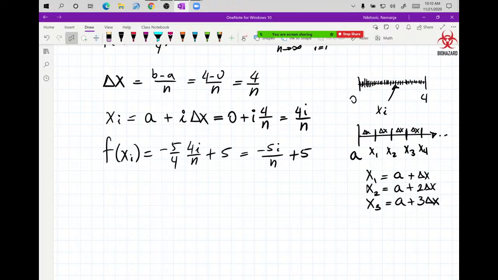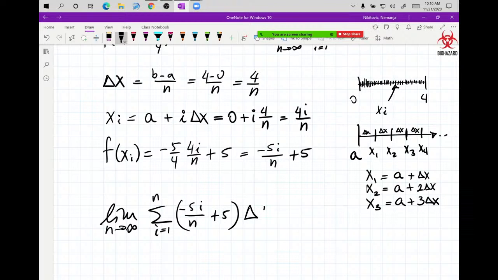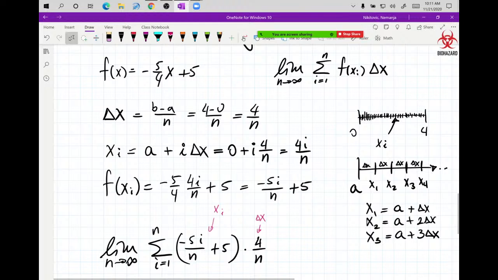All right, we are ready. Limit n goes to infinity, summation i goes from 1 to n of negative 5i over n plus 5, everything times delta x, and delta x is 4 over n. So this over here is your f of xi, and this over here is your delta x. So all I did is I just used the formula, right?